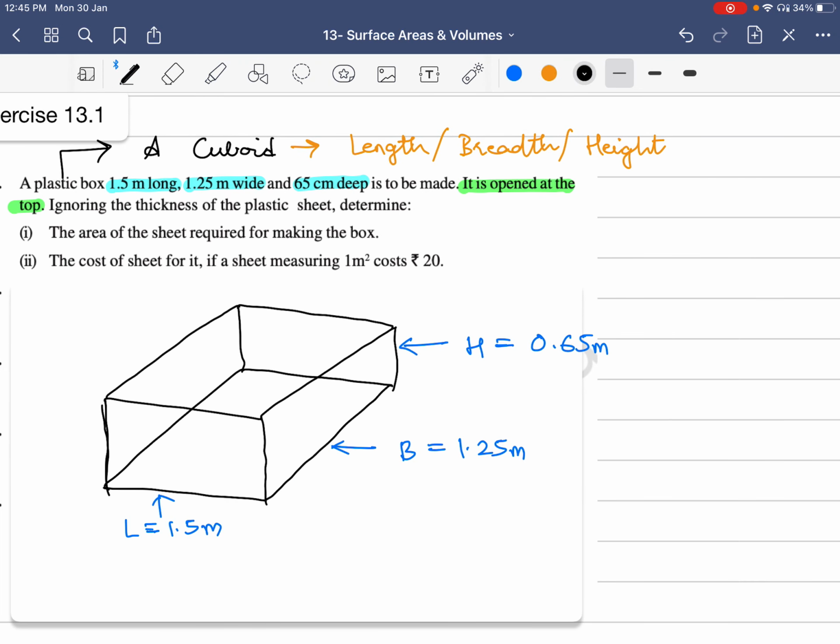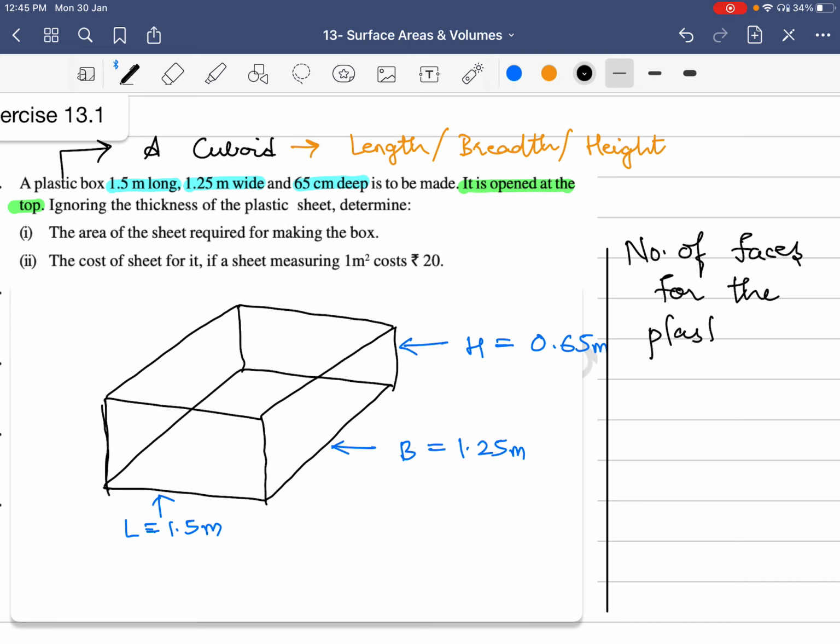So let me come a bit to this side. Let's draw a demarcation line here. The number of faces for the plastic box is equal to 5. This is very important.